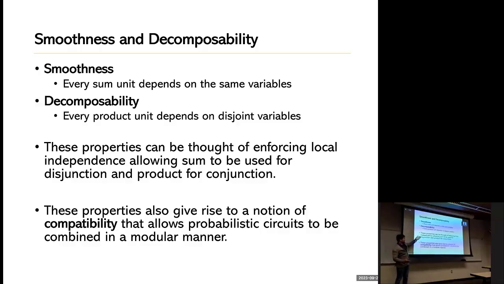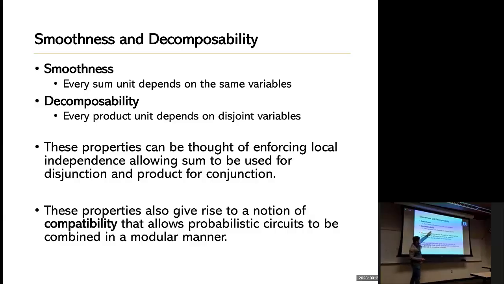And you can think of these properties as allowing a sort of local independence within the structure, because if you have smoothness, every sum depends on the same variables. That means you can think about all the inputs to a sum being mutually exclusive, and if you have a bunch of mutually exclusive events with probabilities and you sum them together, you get the disjunction of those different events.